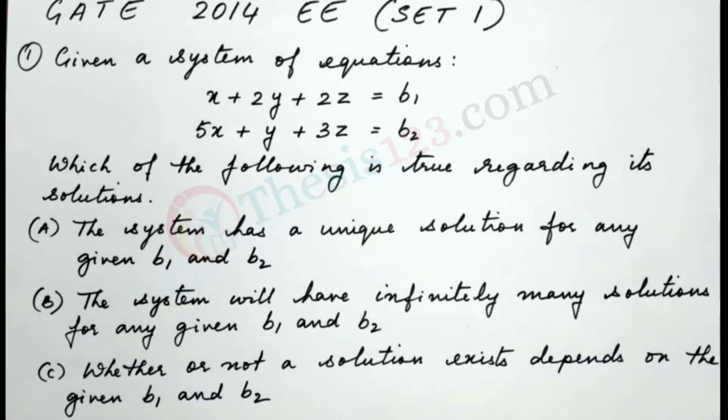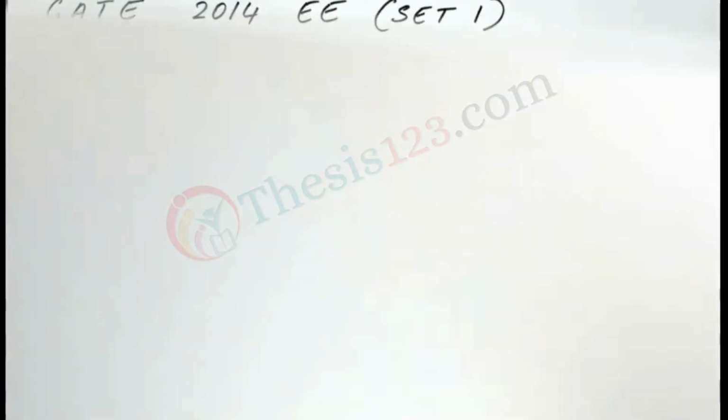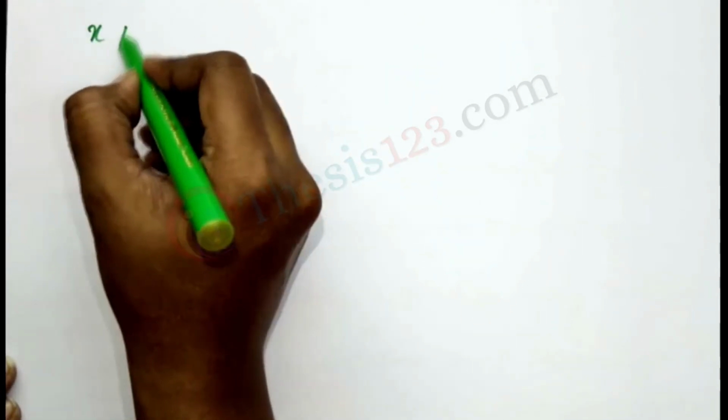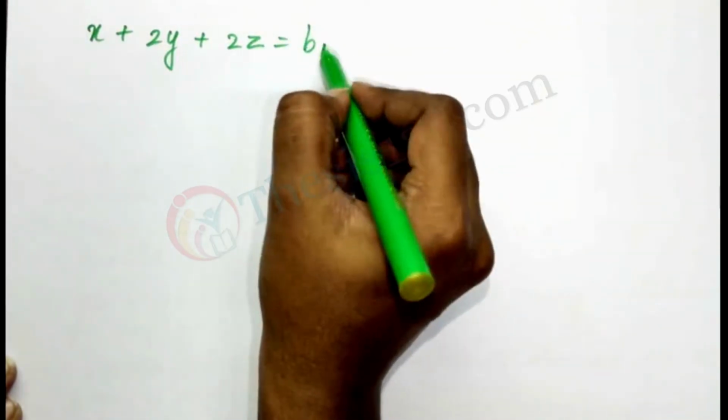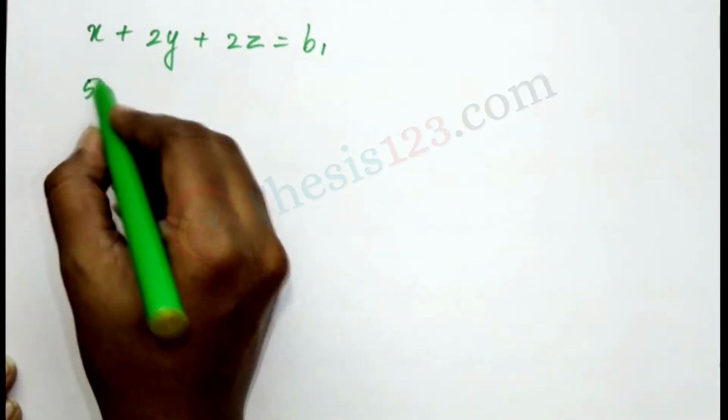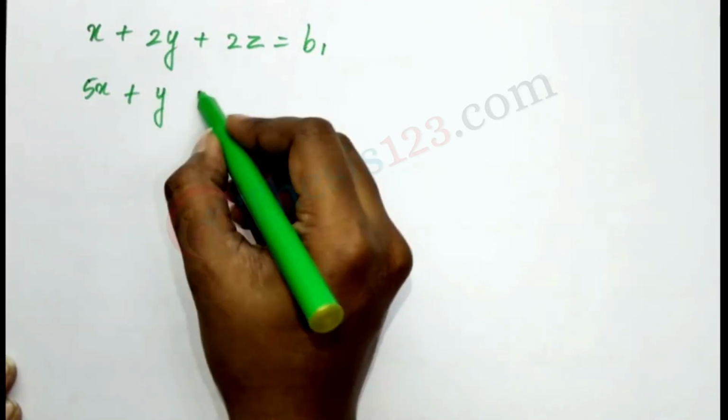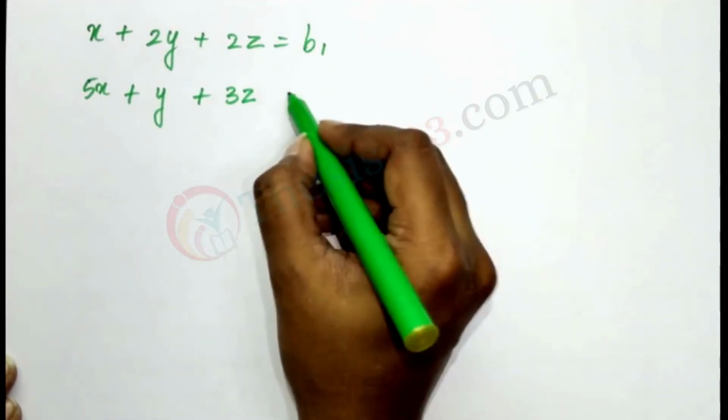Now, in order to do this, you will notice that we have three unknown variables, x, y, and z. So to solve, let's start by writing the system given in matrix form. So let me just get another sheet of paper. Okay, so the given system is x plus 2y plus 2z equals b1 and 5x plus y plus 3z equals b2.